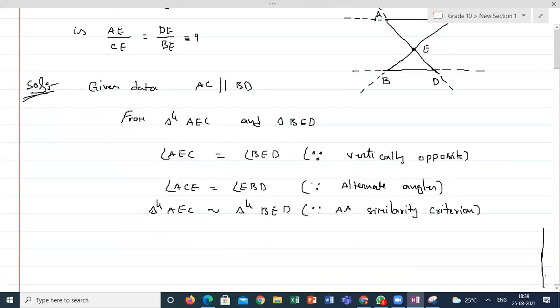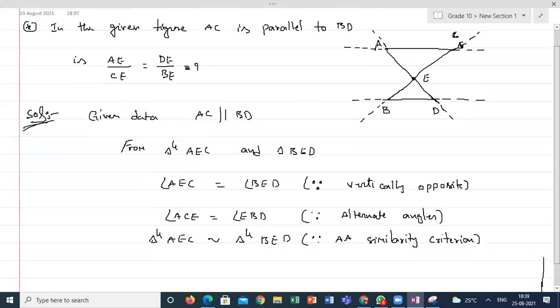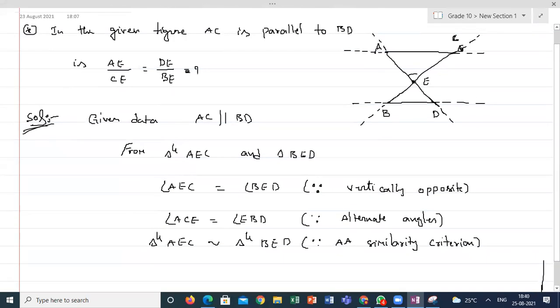So in AA similarity criterion, mark the angles first. This angle is equal to this angle. This angle is equal to this angle. Then only you will get corresponding sides easily. So AC is corresponding to BD. B is opposite to ED. C is opposite to AE. So these are the two corresponding sides. And the remaining is this one.